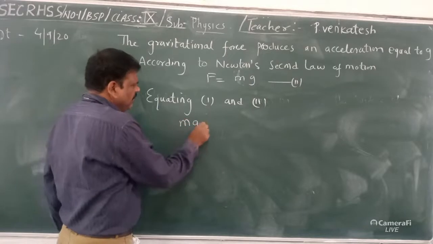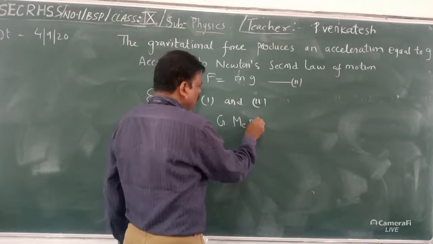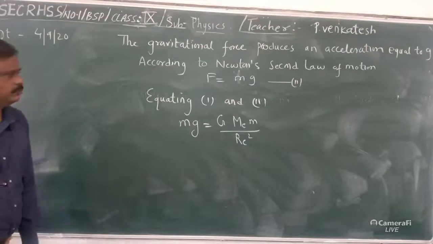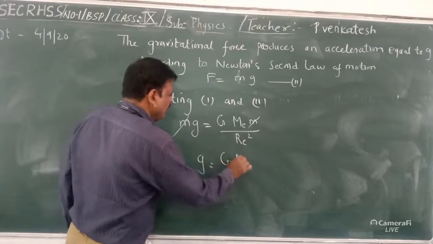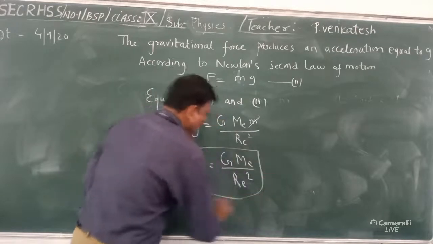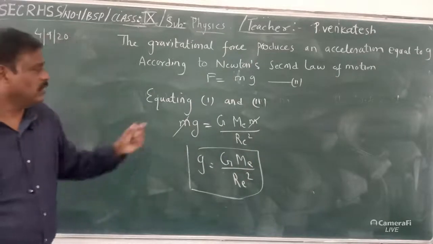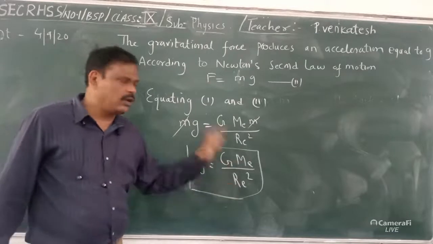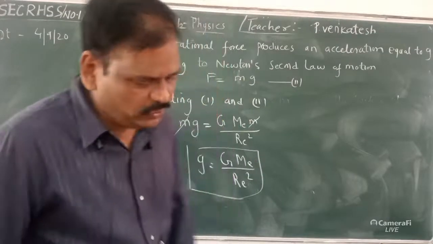We have to find the value of gravity. mg equal to G M E m upon R square. Got it? Here m and m will cancel. g equal to G M E upon R E square. You can see that the gravity is independent of mass. Here mass m, the mass of the object, is not there. So g equal to G M E upon R E square. Got it? This is the expression for the acceleration due to gravity.